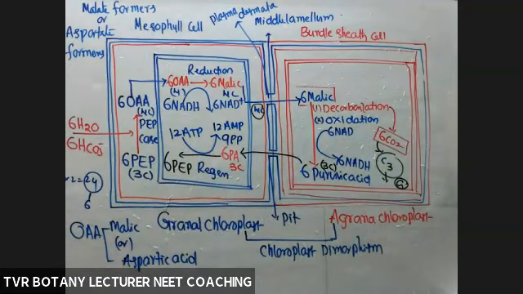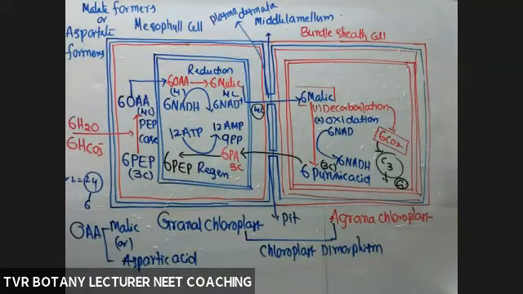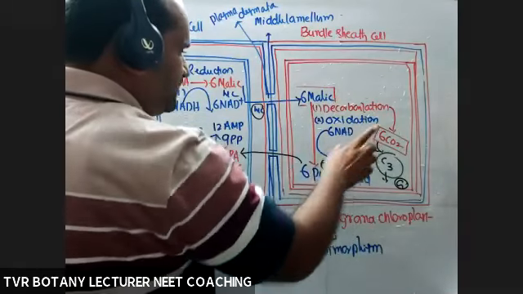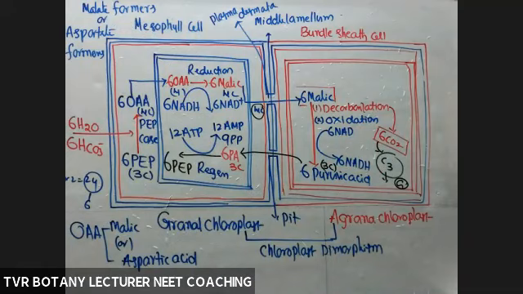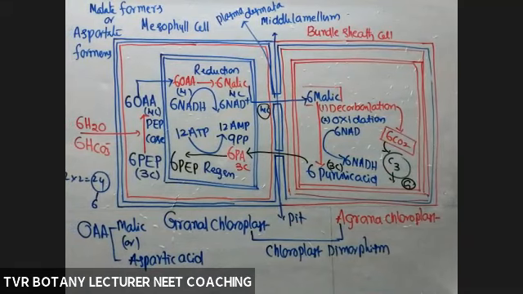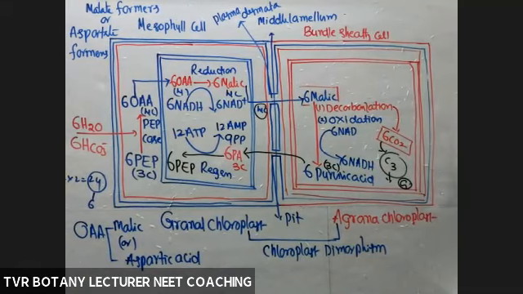So what is the purpose of the C4 cycle? Supplying CO2. It maintains a higher concentration of CO2 in the area where the C3 cycle is operated, to prevent it from falling into photorespiration. So the purpose of the evolution of the C4 cycle is to prevent photorespiration. That's why in C4 plants, there is no photorespiration, right?